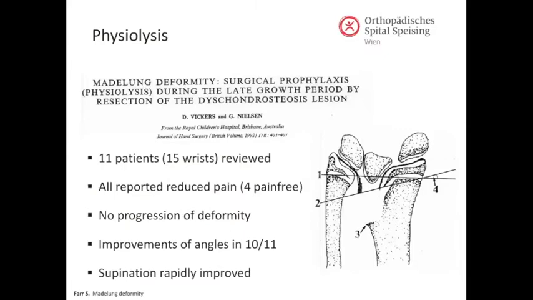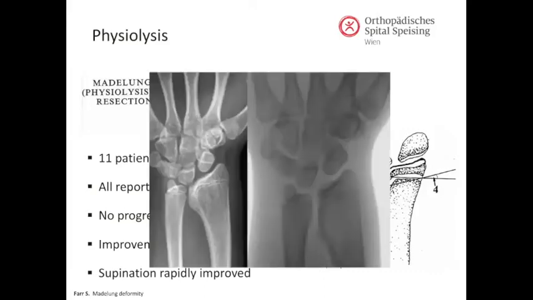Eleven patients with 15 wrists were operated in this series. All had reduced pain, no progression of deformity, and improvement of deformity parameters. So this is the classic paper. This is an image of my cases where I resected this part of the physis.